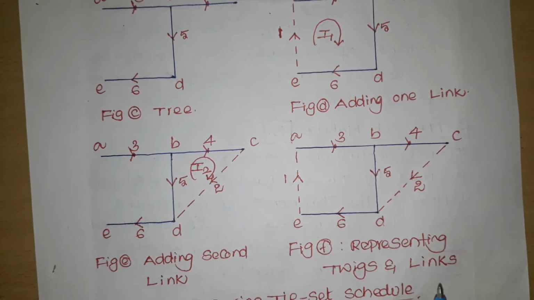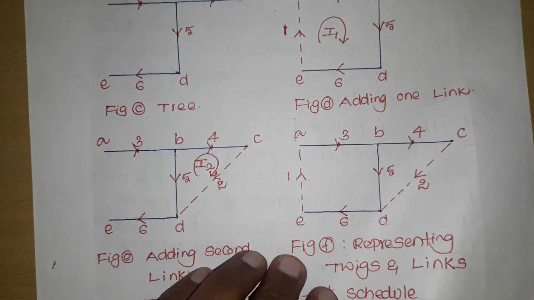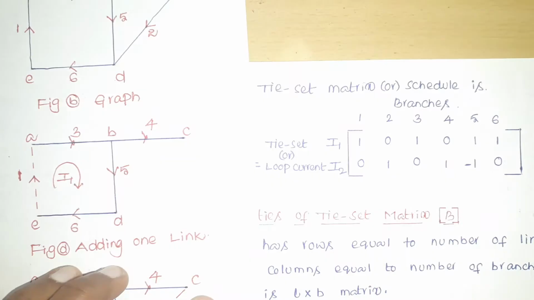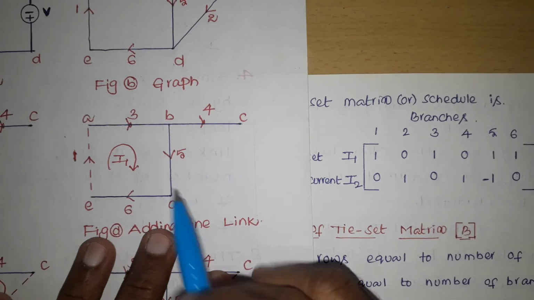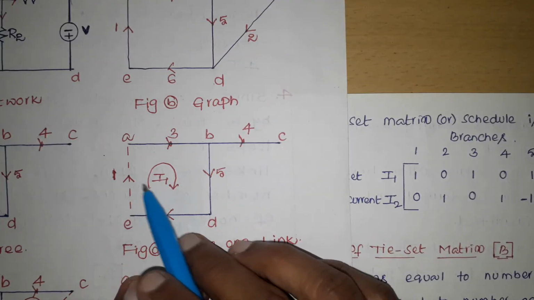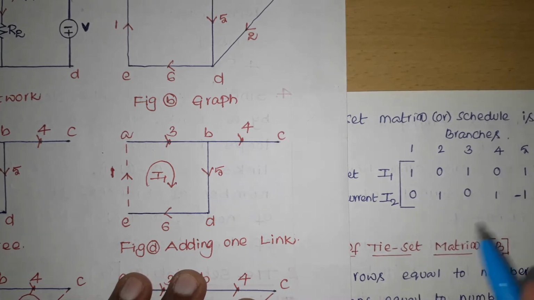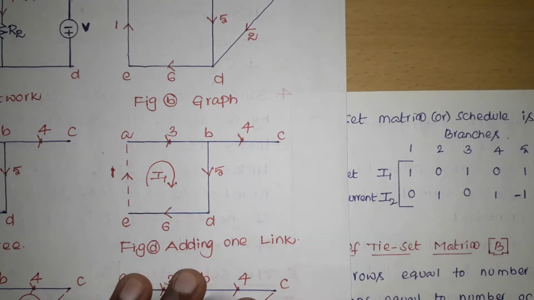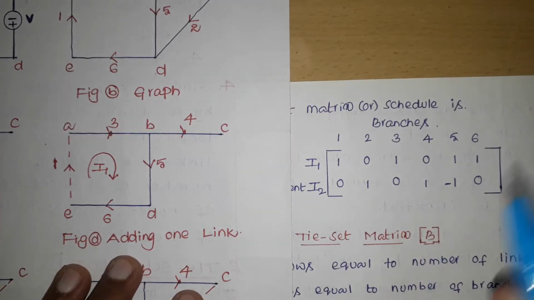So now we have to frame the tie set matrix. How do we frame the tie set matrix? Here, by connecting link 1, what are the elements? The order of the tie set matrix: the number of rows is equal to the number of links, and the number of columns is equal to the number of branches.